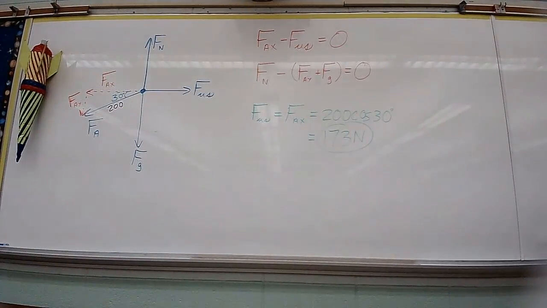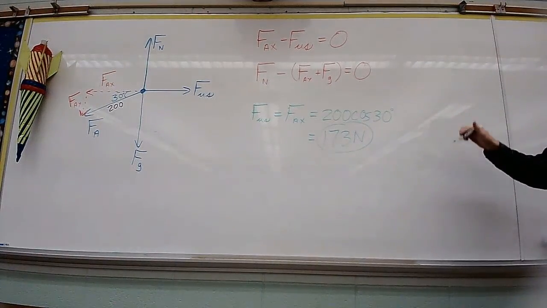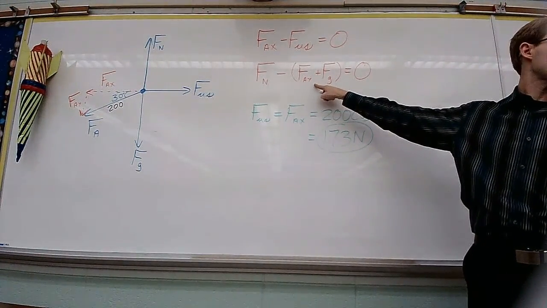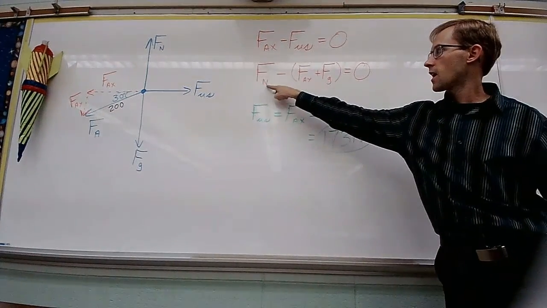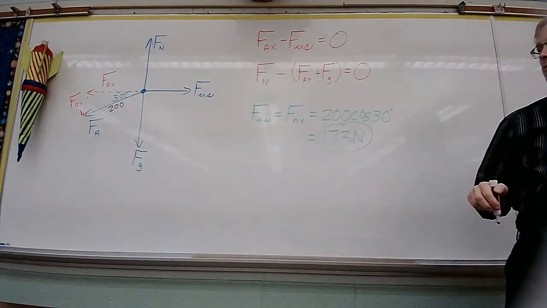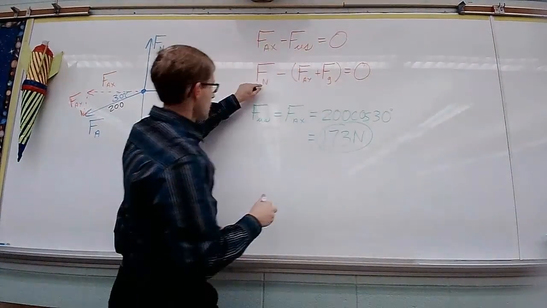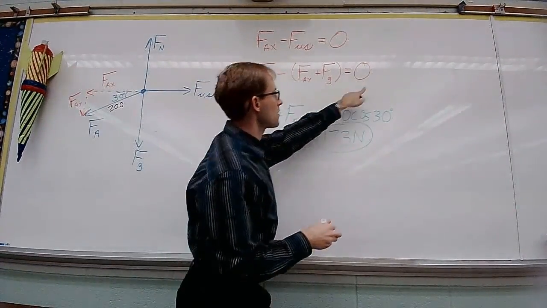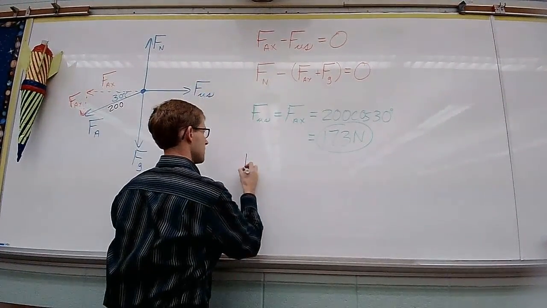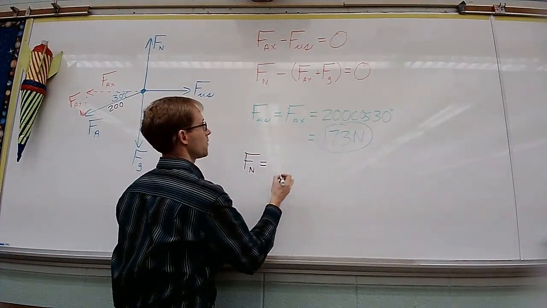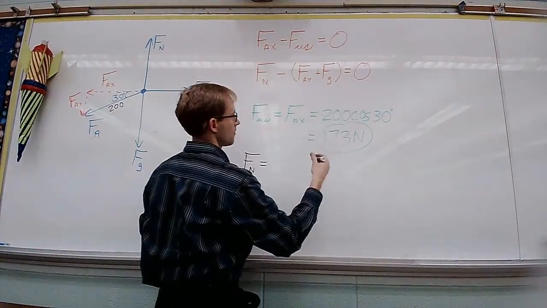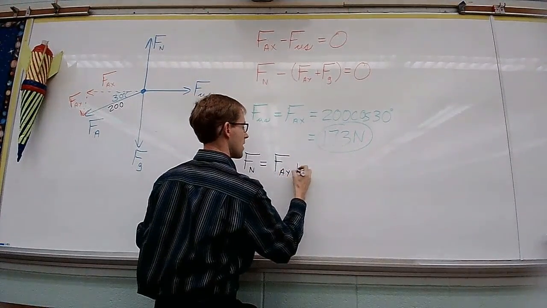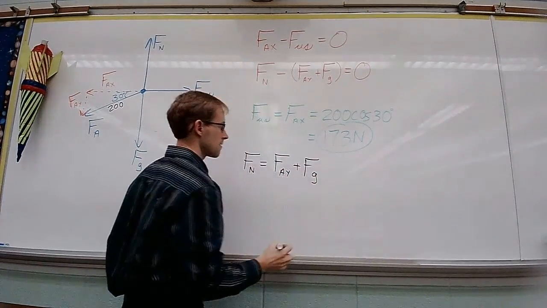And finally, vertically, we got to find normal force. And we can figure that out because we just got to look at the equation we created with normal force in it. And we got to get that normal force all by itself. So that's pretty easy to do. Normal force will stay over here. These two things get moved to the other side. So normal force will be equal to the combination of them. Applied force in the y direction plus force of gravity.